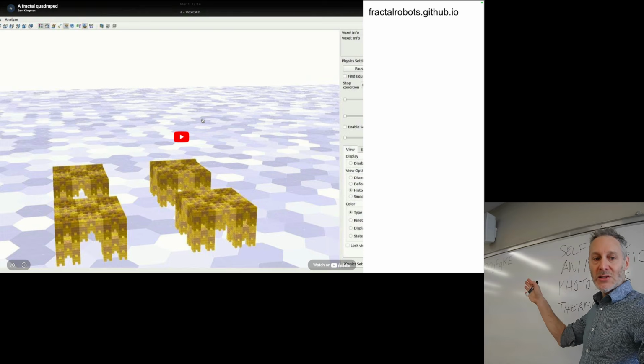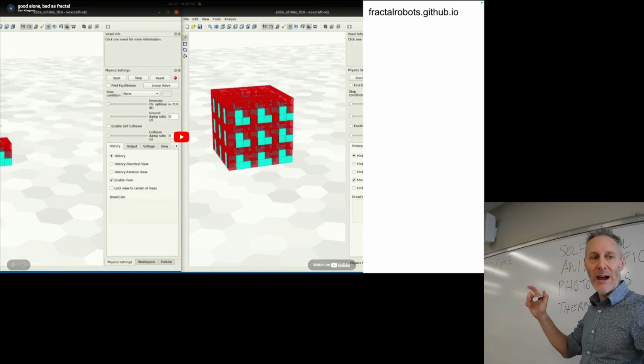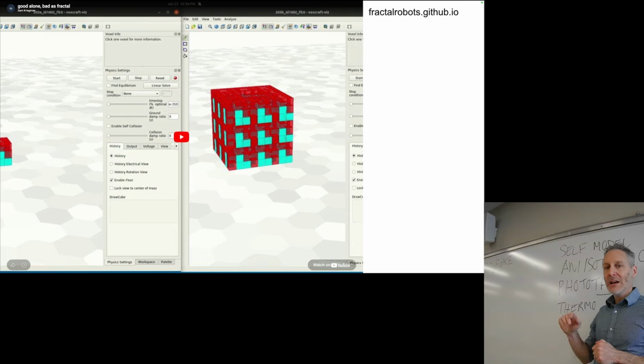Okay. This is the user interface, so you could see these fractal robots. In this last soft robot experiment we're going to talk about today, we posed the following question. Now that you can make robots with very complex 3D geometry, and we can make fractal robots, what use is that?